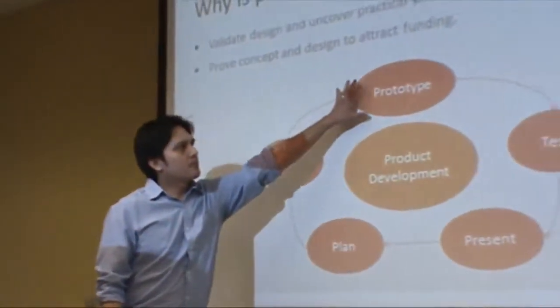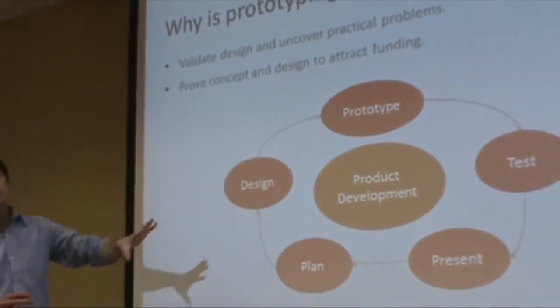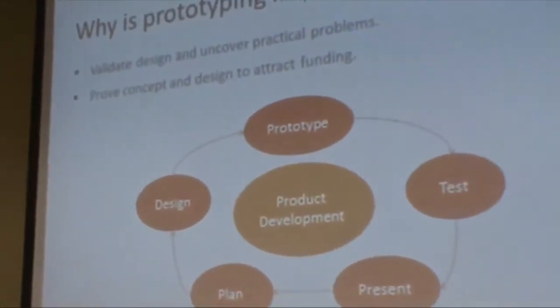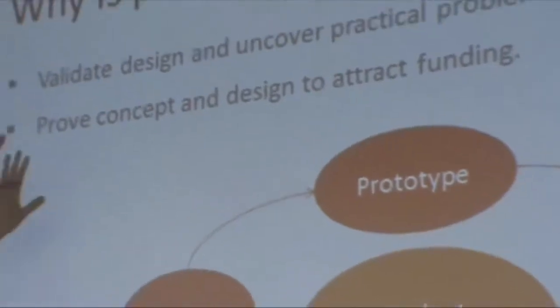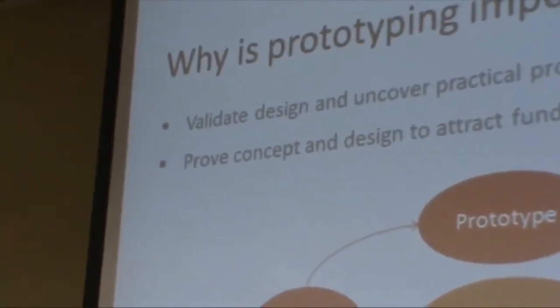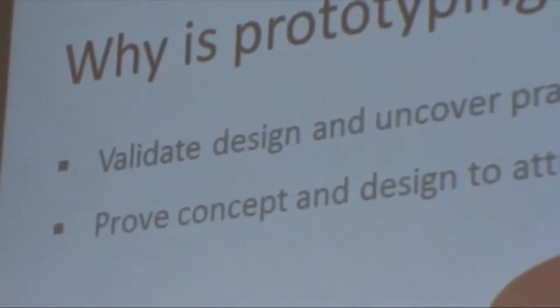Prototypes serve several purposes. First thing, you can validate your design. You can take a look at your prototype and see what can be a problem. Sometimes you cannot really spot it if you look at it on paper or in your computer.